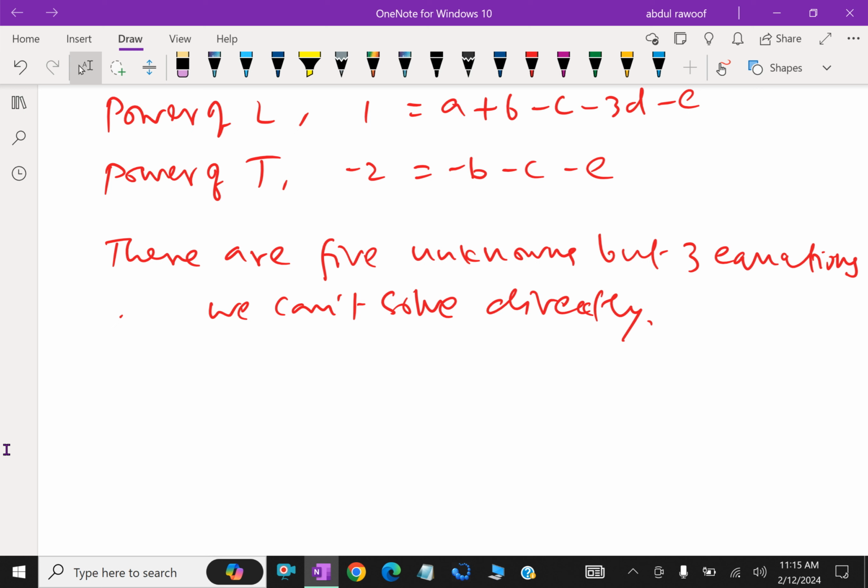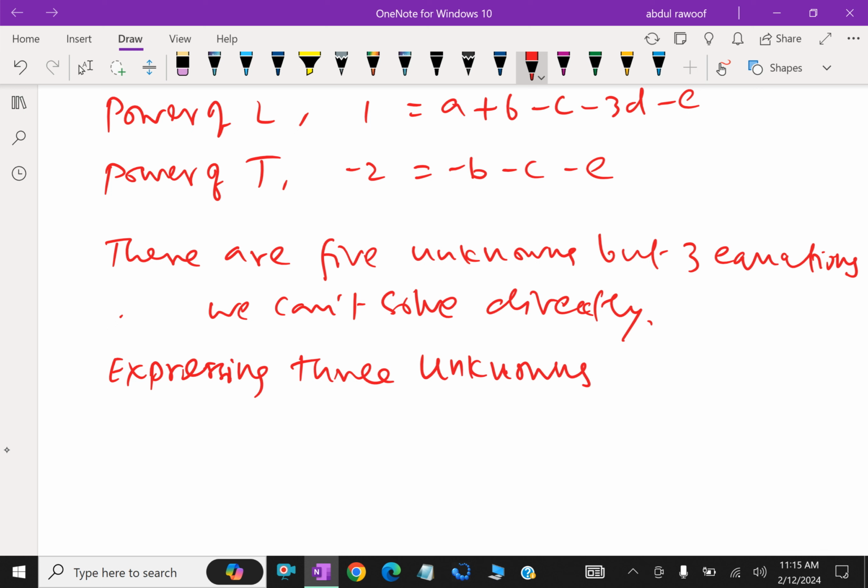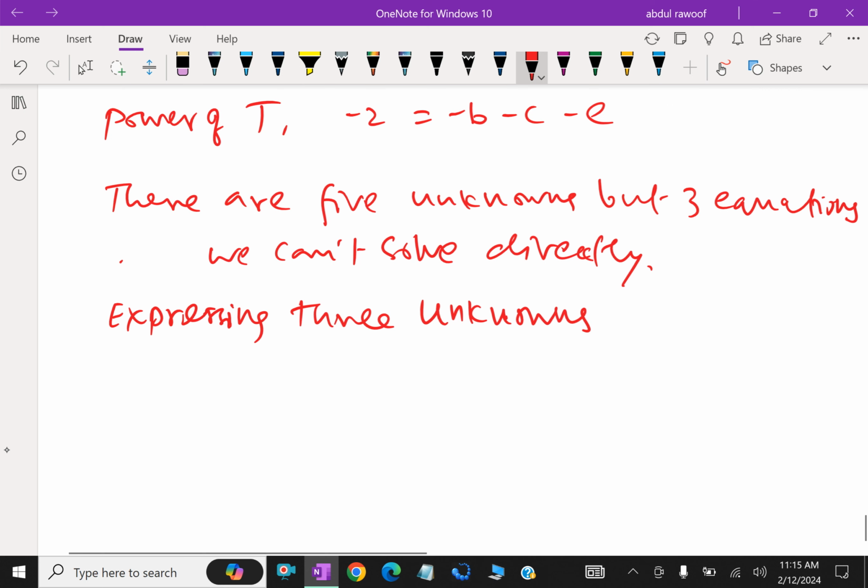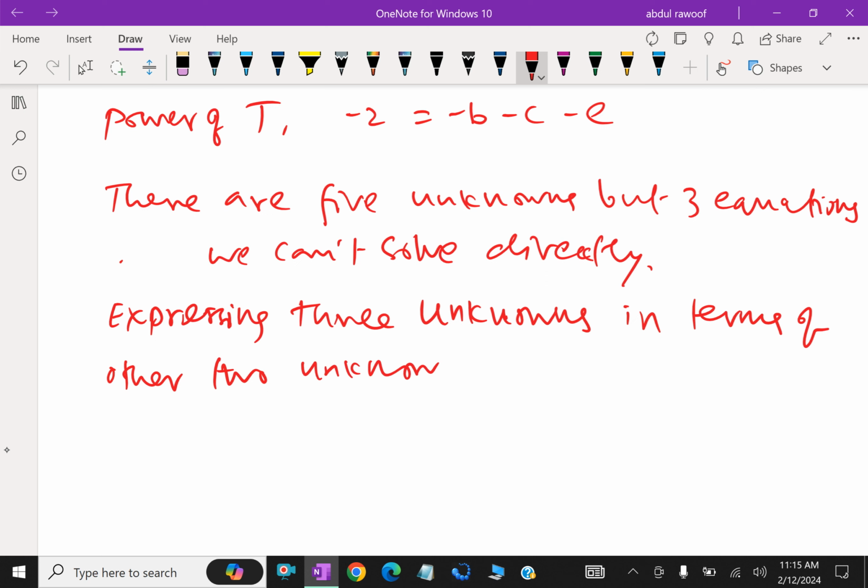So we have to express 3 unknowns in terms of the other 2 unknowns, that is, in terms of c and e.